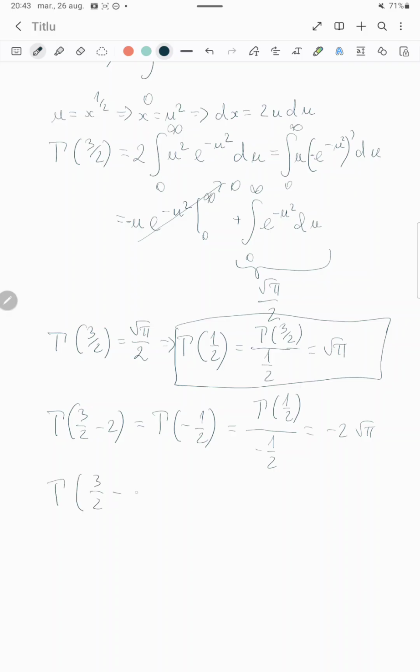And for 3/2 minus 3, it's going to be gamma of minus 3/2, which is going to be gamma of minus 1/2 over minus 3/2, and that's going to be 4/3 square root of pi.